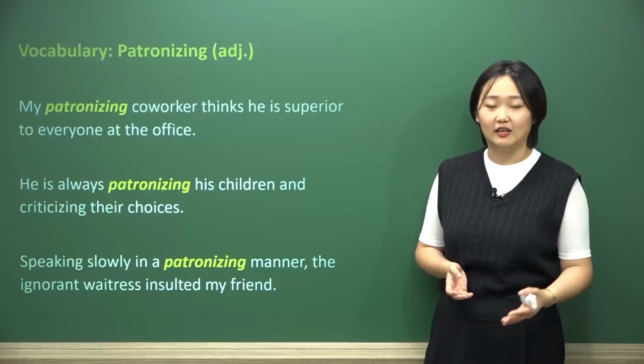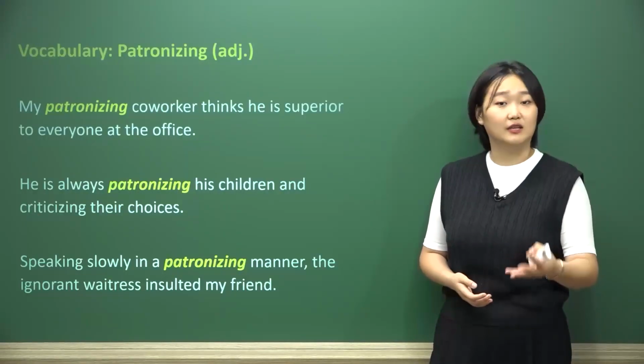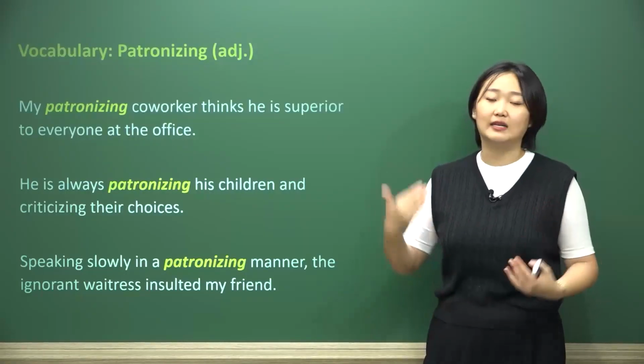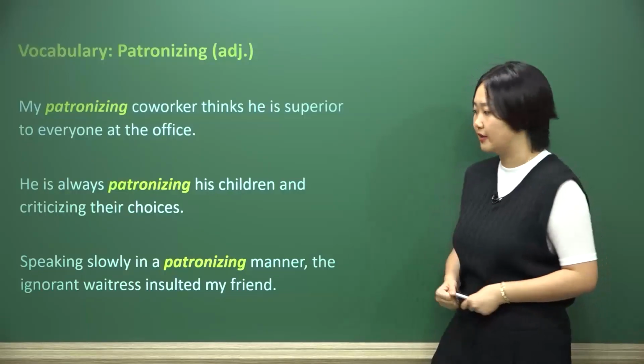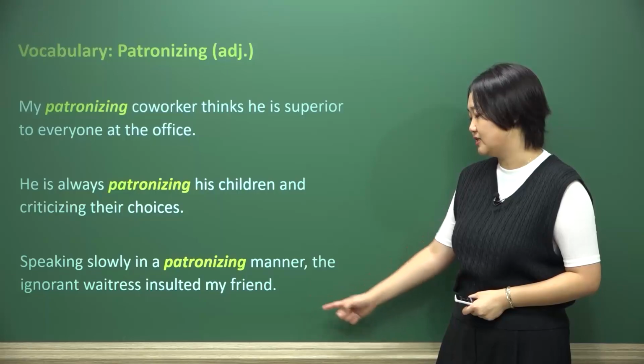You don't know anything. If you don't know anything, don't even try. Why don't you just listen to what I have to say and leave it at that? So again, looking down on them just because they're children and he feels that he is better and more superior than them.